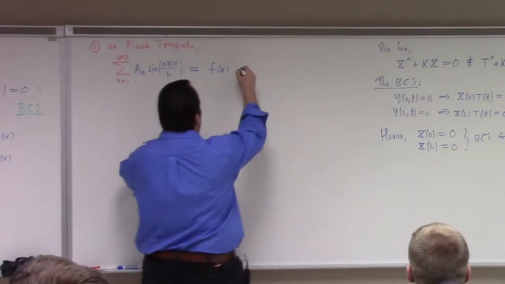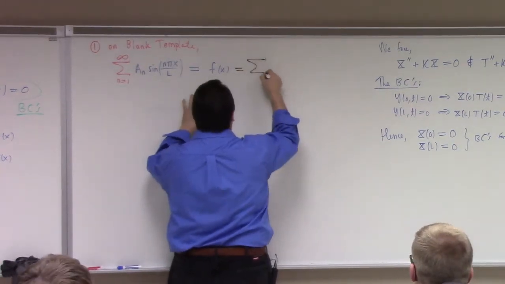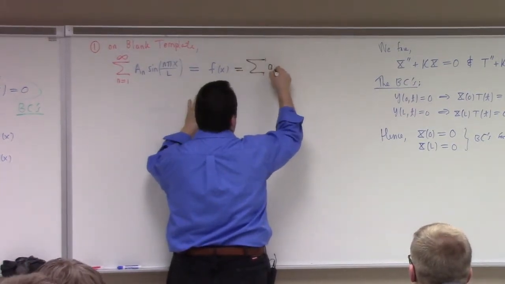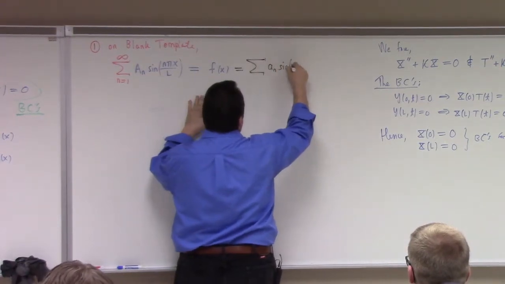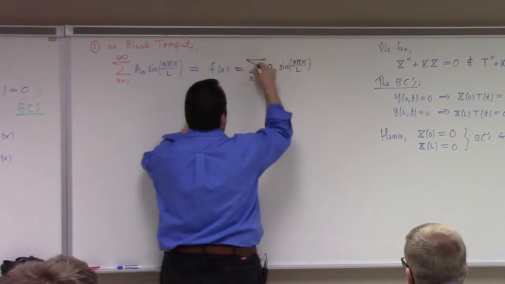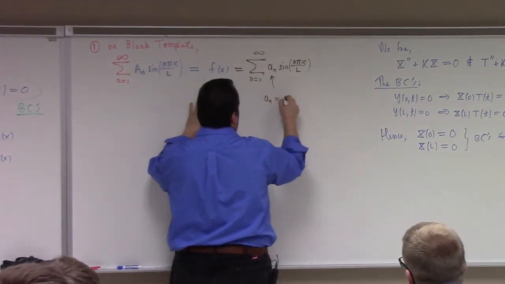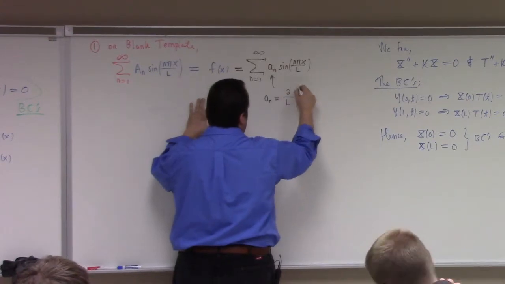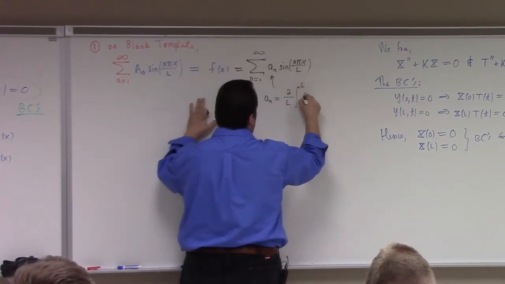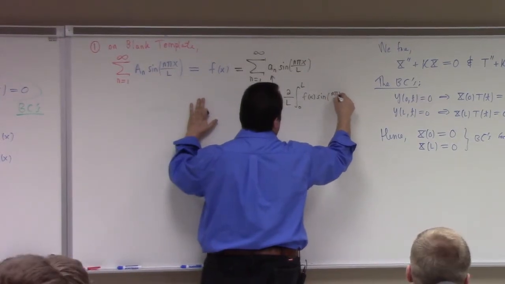We can write this as the sum over, little a sub n, let's say, sine of n pi x over L, n equals 1 to infinity, where little a sub n is equal to 2 over L, integral from 0 to L of f of x sine of n pi x over L.